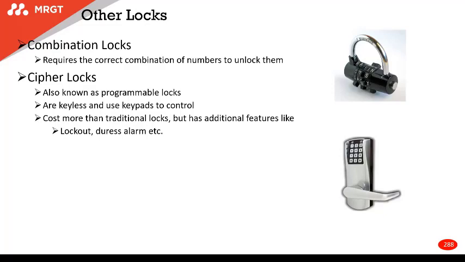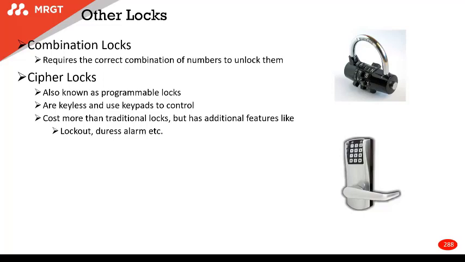Certain locks have some kind of delaying mechanism built into them. For example, you have to enter the password and wait for a set period of time, and then you can enter the facility. Or these locks can be open for only a set period of time.